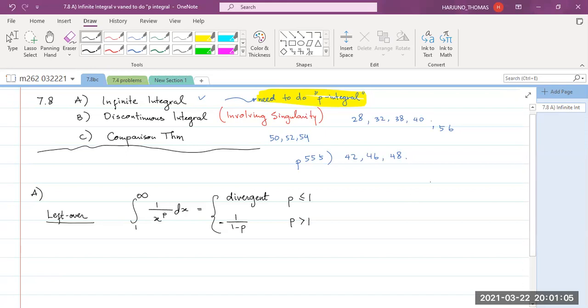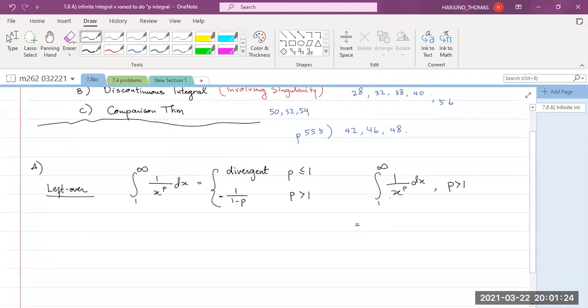Is it right? Let me check. I try not to look at the book. Okay, the integral of 1 over x to the p dx from 1 to infinity, for p greater than 1, is equal to the limit as t goes to infinity of the integral from 1 to t of x to the negative p dx. That's the limit as t goes to infinity of 1 over 1 minus p times x to the 1 minus p, from 1 to t.